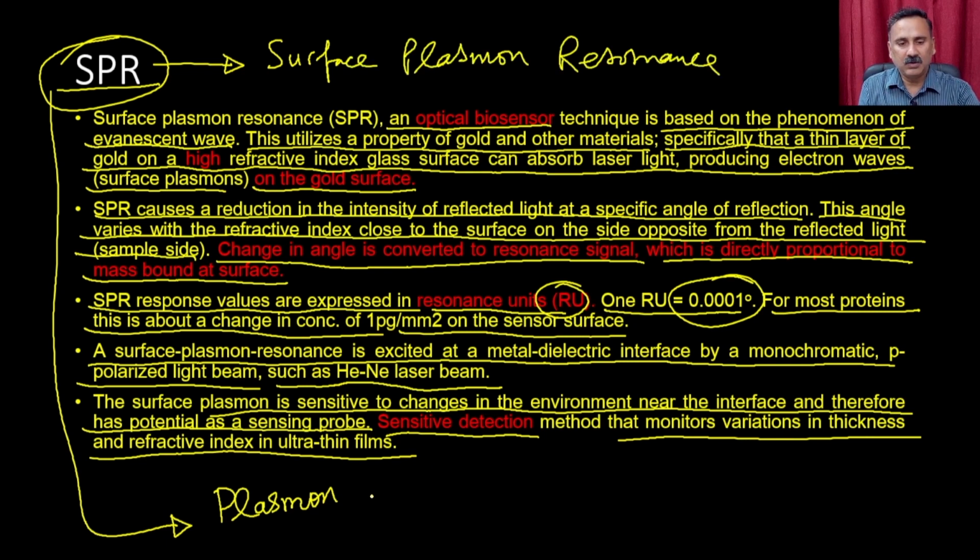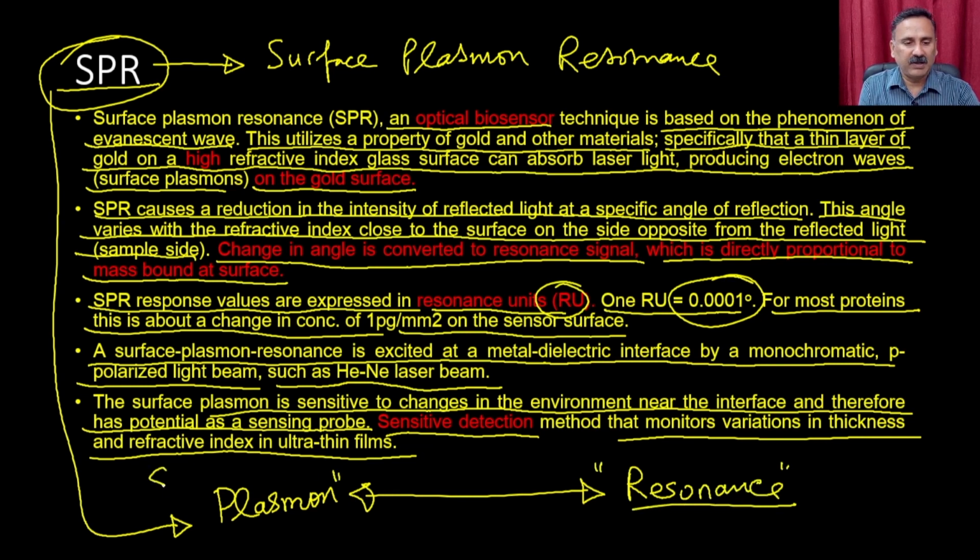So it has two terms which we have to understand, and only then can we understand this particular technique, right? So we have two terms. One is called resonance. The other one is called the surface plasmon, and these are the two terms we are going to discuss in the next slide.